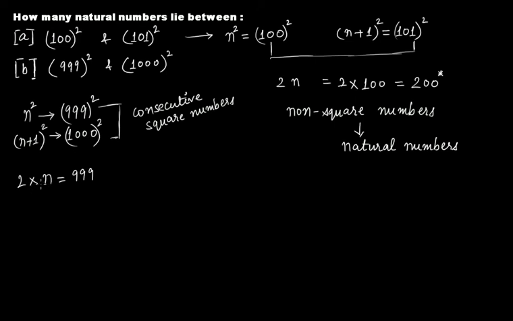So 2 times 999: 2 times 9 is 18, carry over 1, 2 times 9 is 18 and 1 is 19, and you have 1998 non-square numbers that come between 999 squared and 1000 squared. These are natural numbers only. Non-square numbers are natural numbers only.